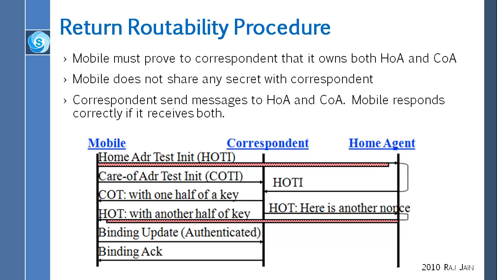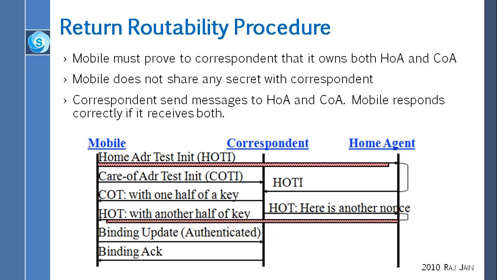So the mobile, the correspondent, and the home agent. The mobile sends a message which is called Home Address Test Init, initialization. This message is sent from the foreign place straight to the home agent, and it is encapsulated, as you can see from this thing here. It is encapsulated, so nobody can read it.